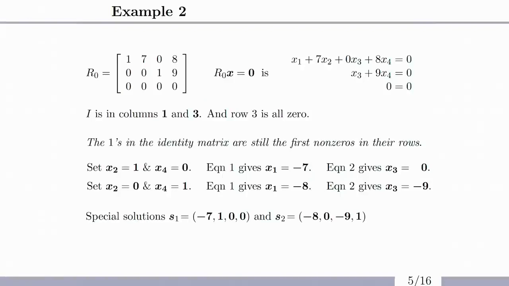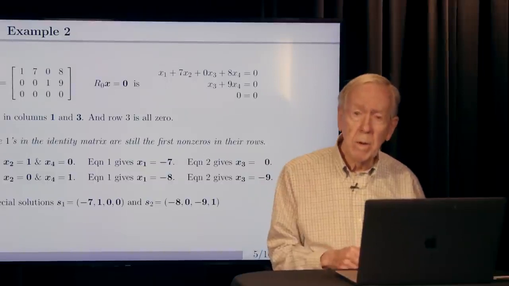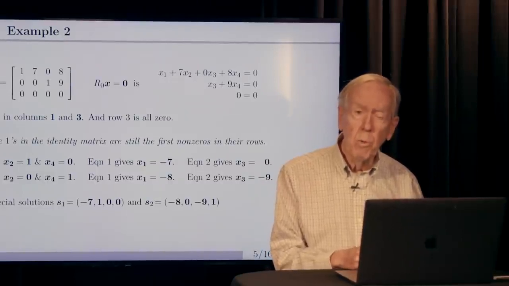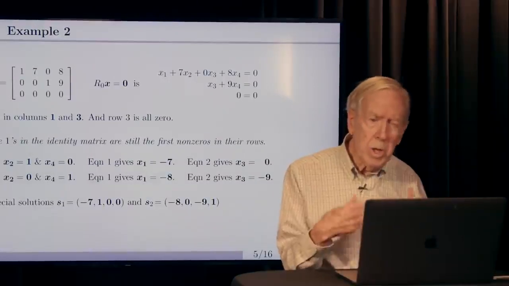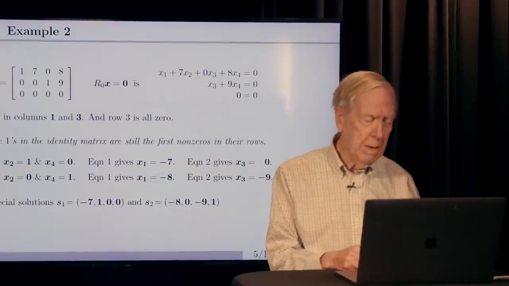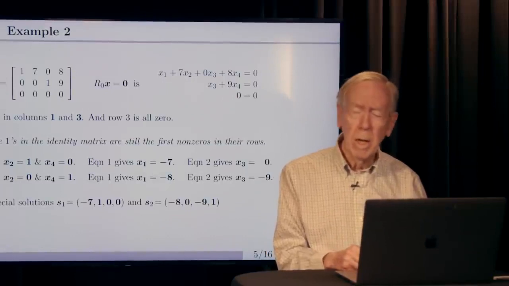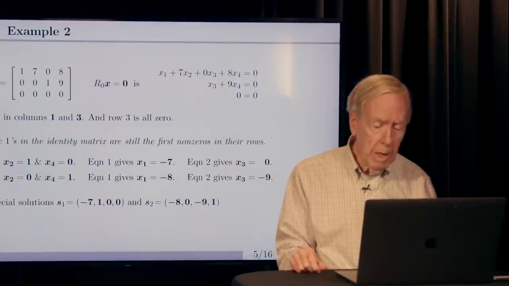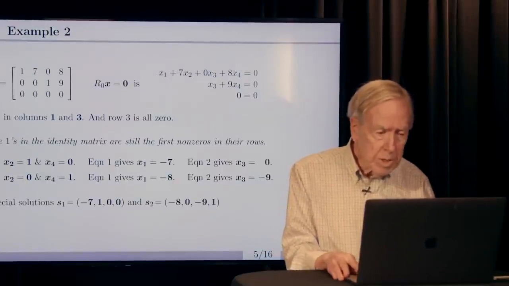That'll be 8 of the first column and 9 of the third, the 2 bits of the identity. So when we get to this reduced row echelon form, horrible set of words, what it means is elimination has made it as simple as it can be.